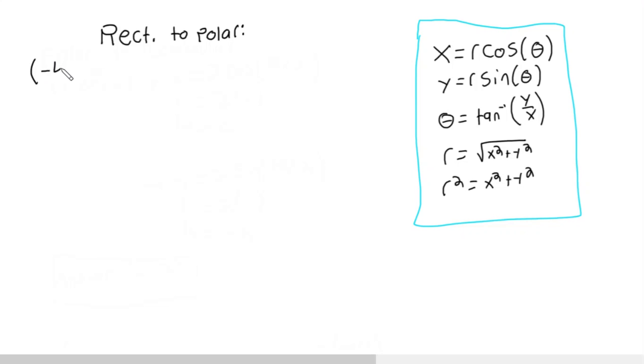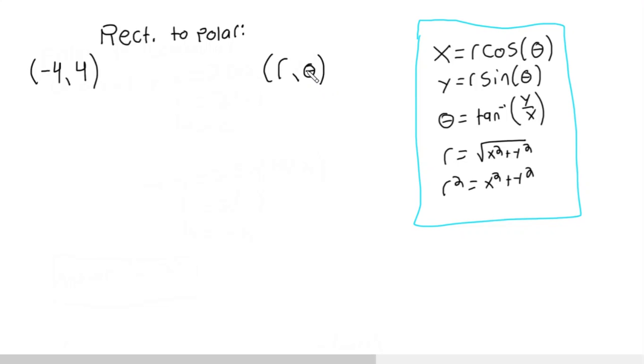Let's just say they provide us with -4, 4. Well, we need some way to get theta, and we need some way to get r, because our goal is to get r and theta.